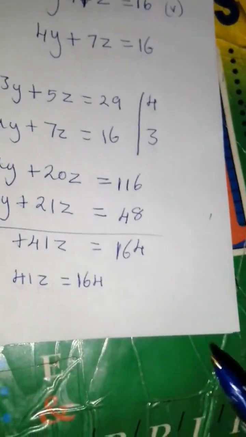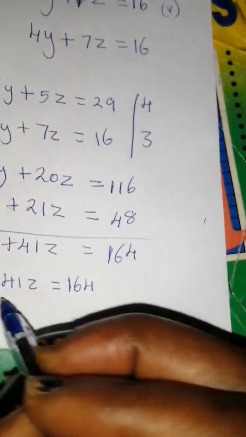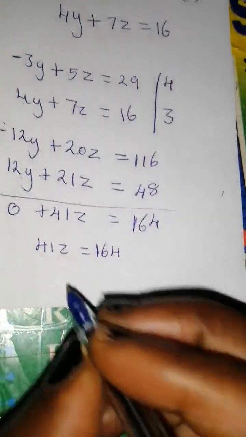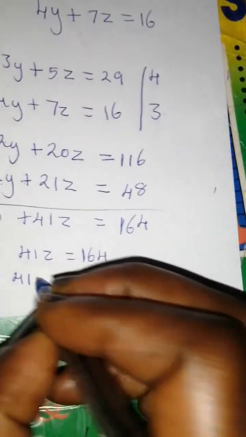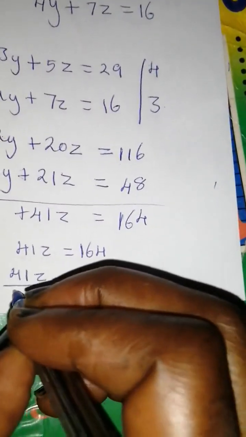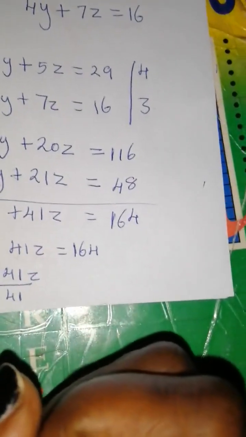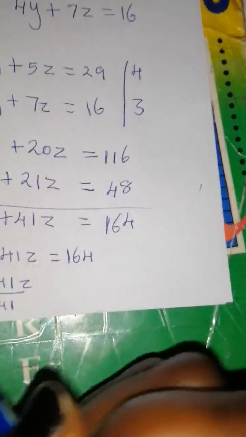164. For me to remain with z only, I need to divide both sides by z. So I'll have 41z divided by 41. Did I say I need to divide by z? I need to divide by 41, both sides by 41.